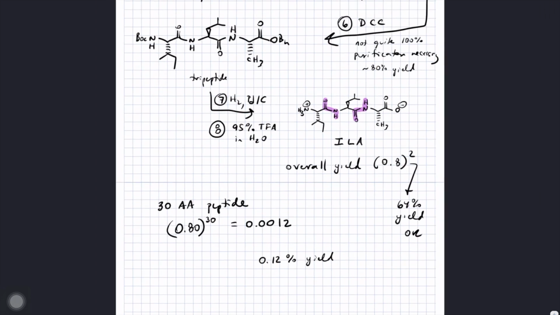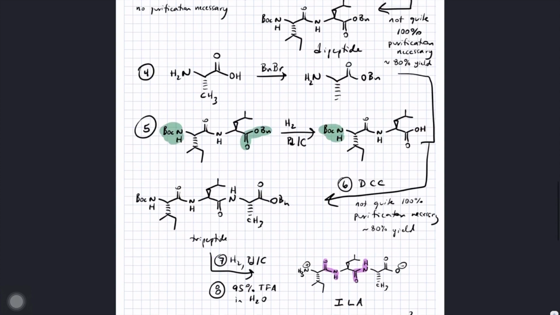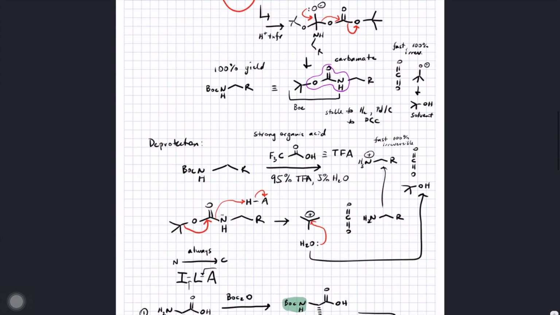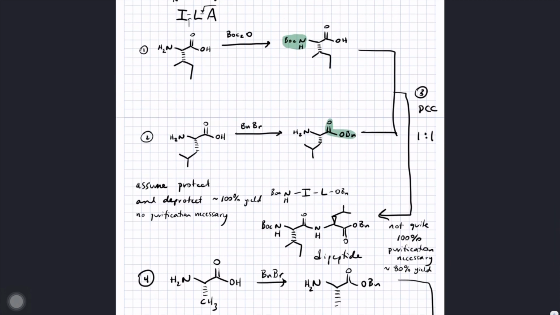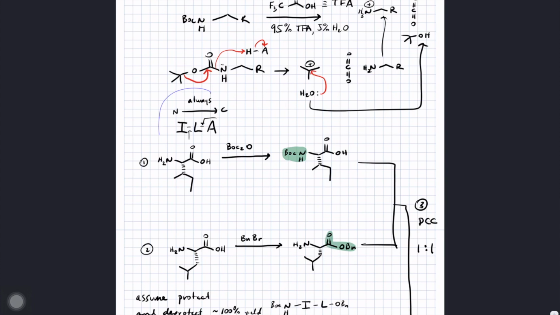So this method is good for making short peptides, but if you want to make longer peptides, this method is not so good. By the way, the method that we have talked about, where we do all of these reactions in solution, is called solution phase peptide synthesis.